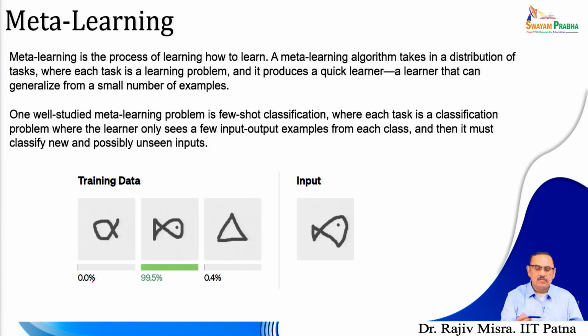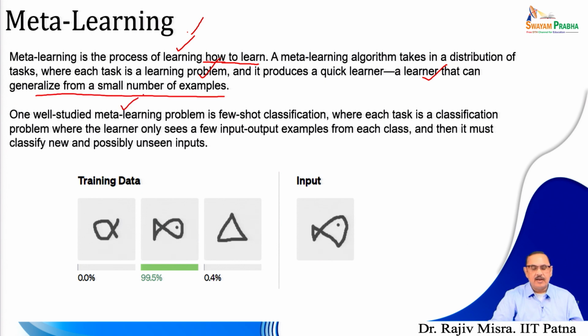Now, let us see more details about the meta learning. So, meta learning is a process of learning how to learn. So, meta learning algorithms take in a distribution of tasks, where each task is a learning problem, and it produces a quick learner, a learner that can generalize from a small number of examples.